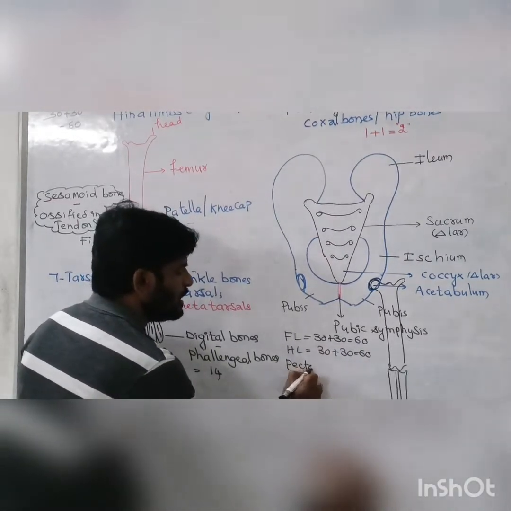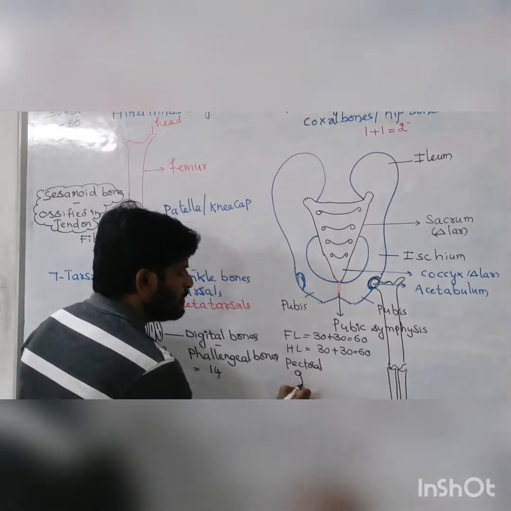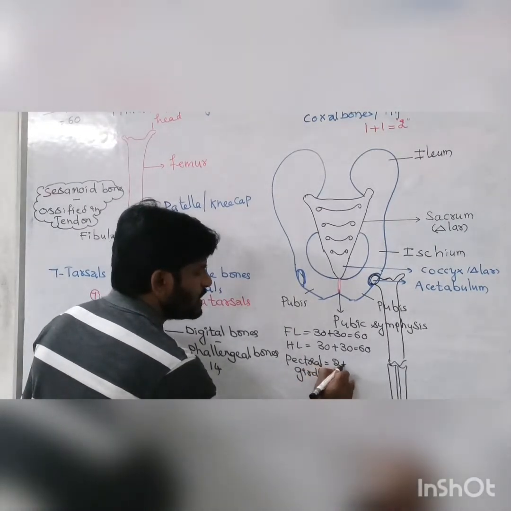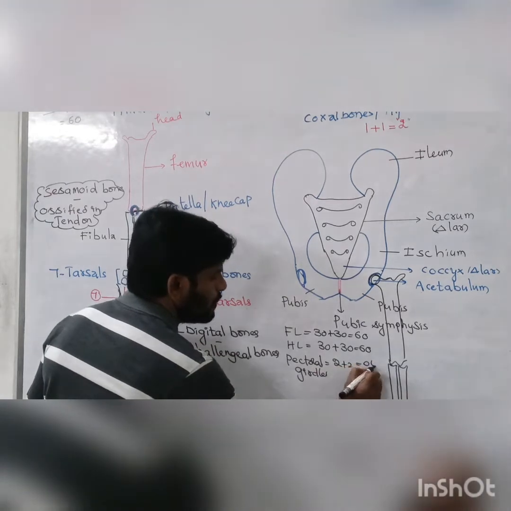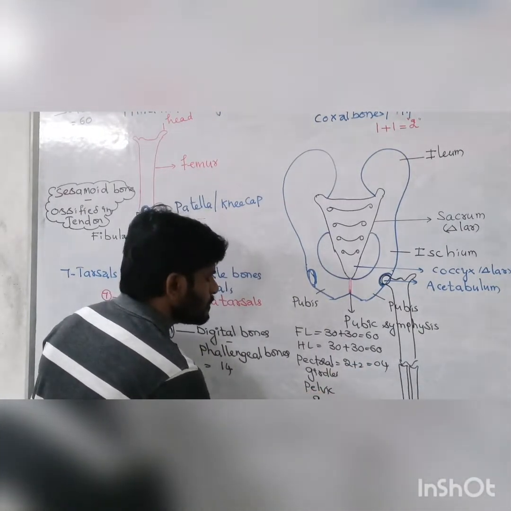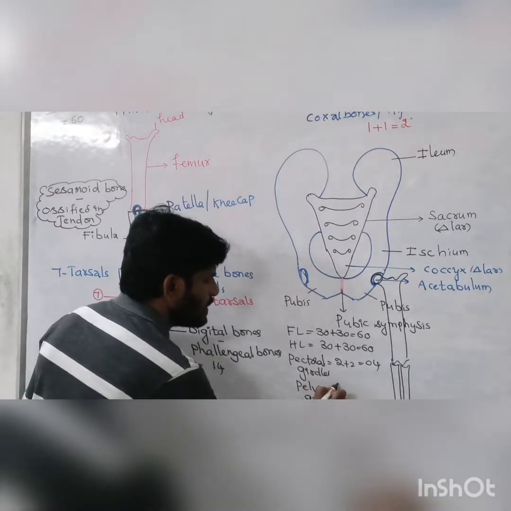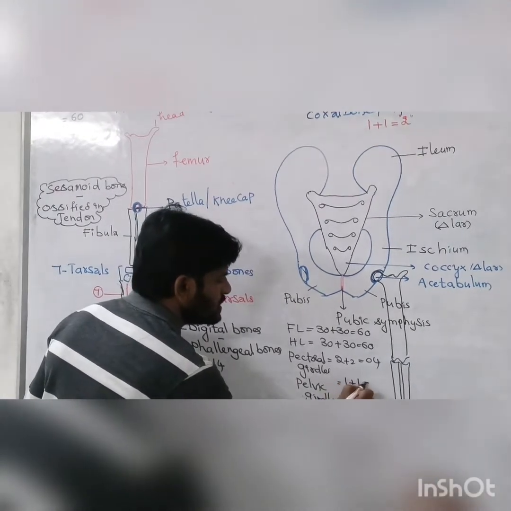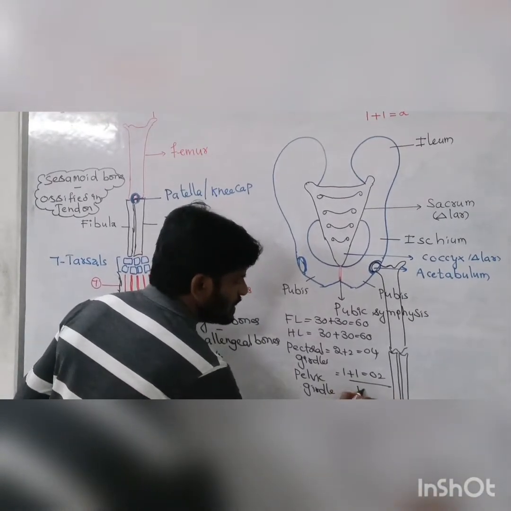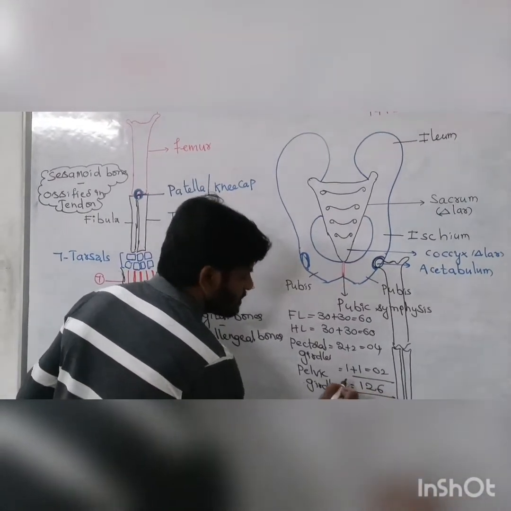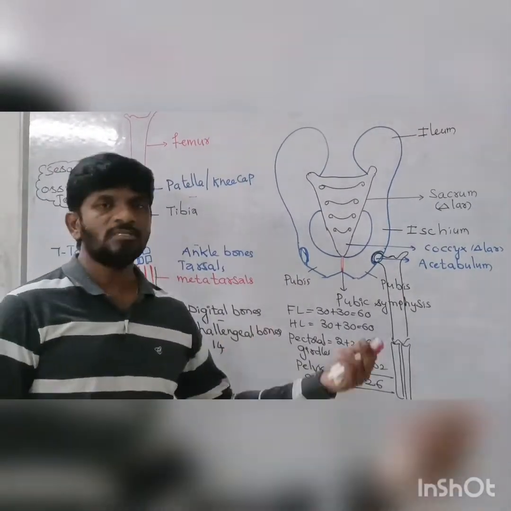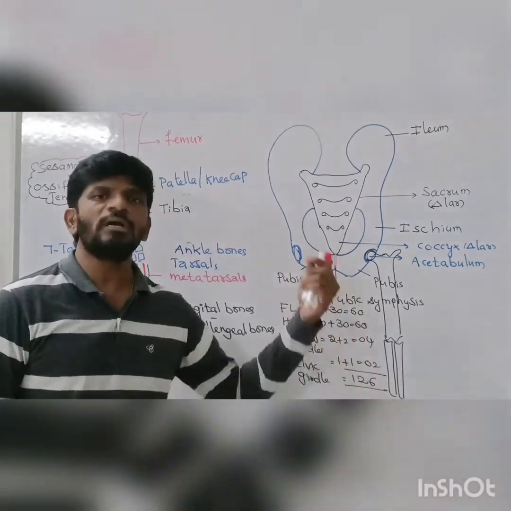The pectoral girdle bones are 2 plus 2 is 4. The pelvic girdle bones are 1 plus 1 is 2. The total number of bones in the appendicular skeleton is 126. 80 plus 126 is 206. This is all about the forelimb bones and the hind limb bones.